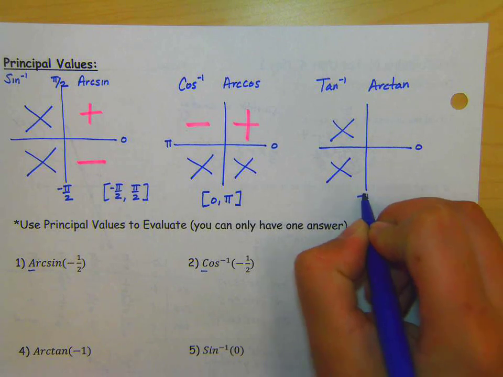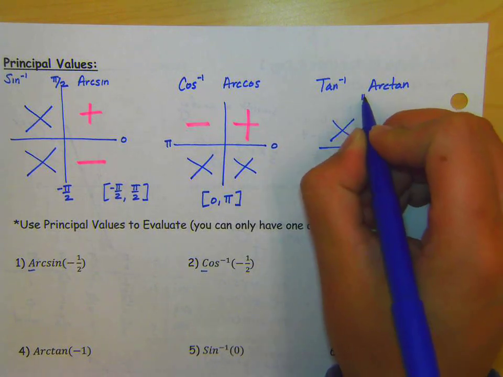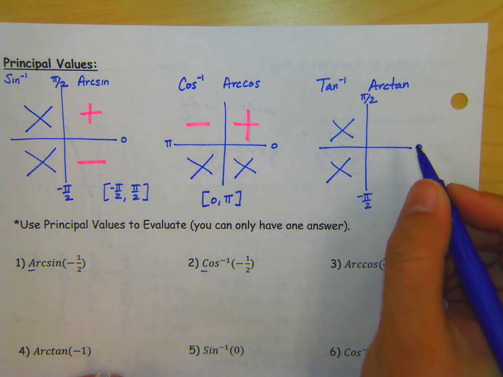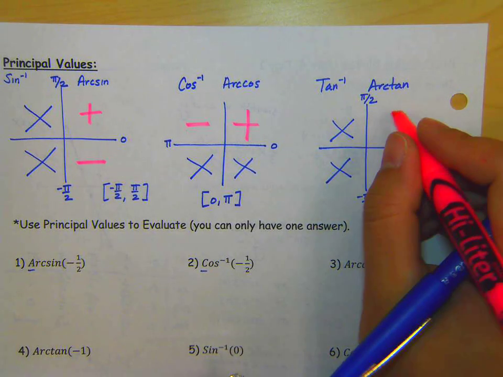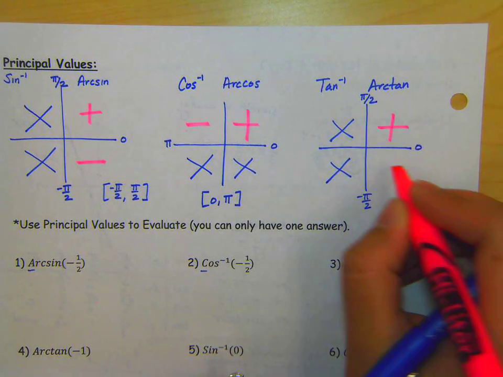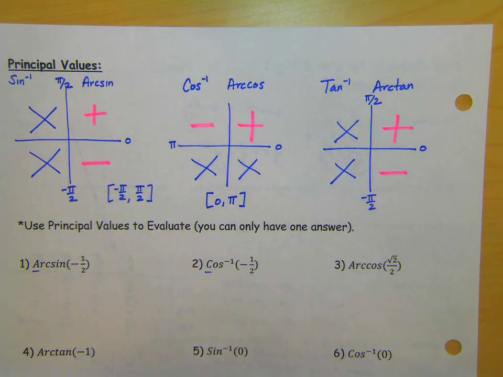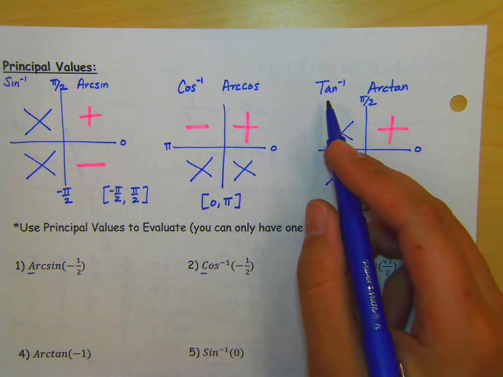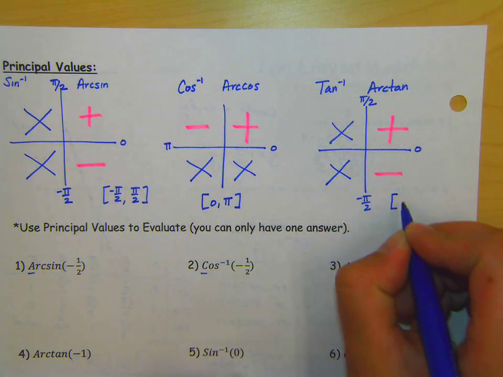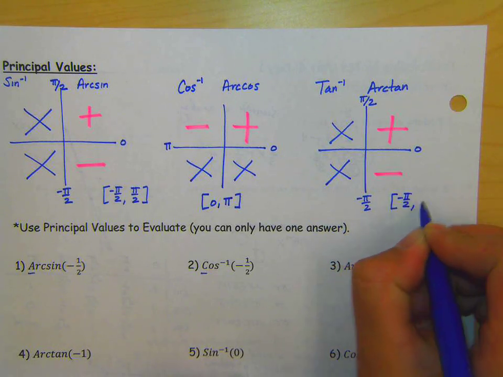This will be negative pi over 2 to positive pi over 2. It makes sense because we have positive tangent values here and negative tangent values there. So whenever they ask for principal values for tangent, your answers are going to be between negative pi over 2 and positive pi over 2.